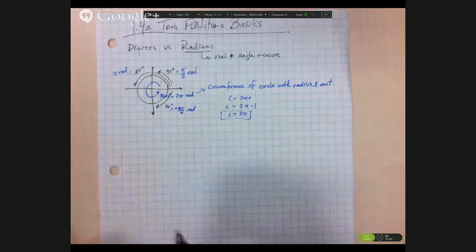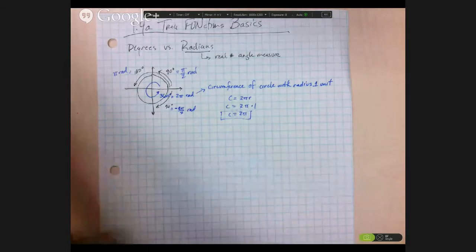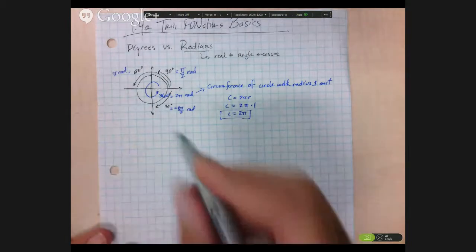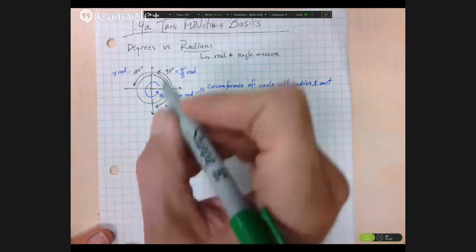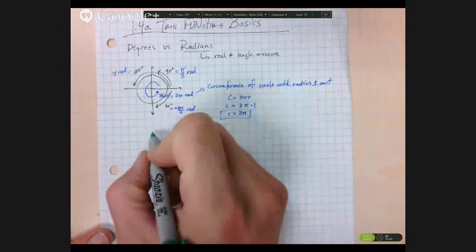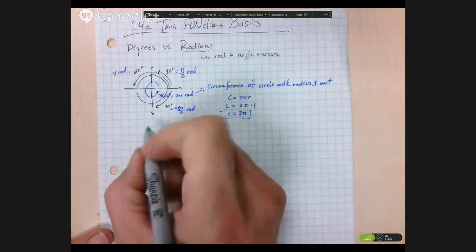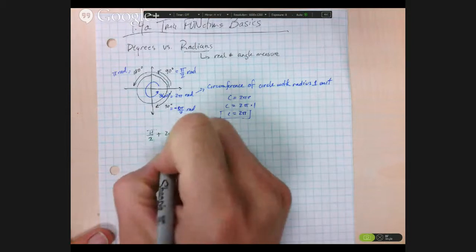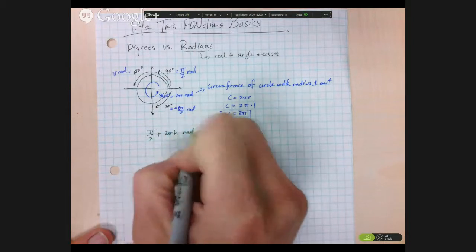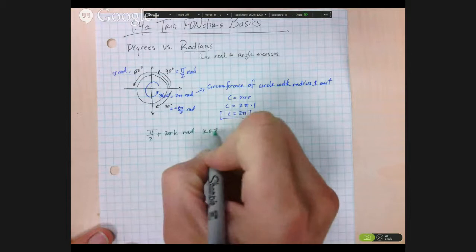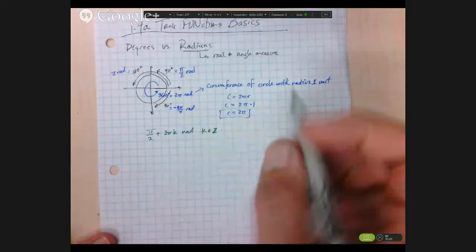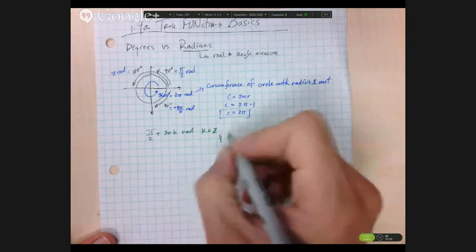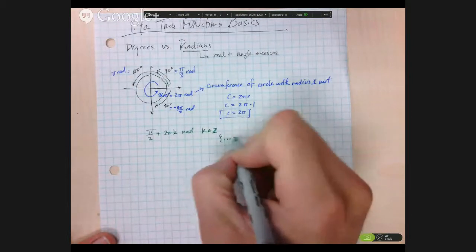If you want to do successive angle measures, you're going to see something like this: pi over 2 plus 2 pi k radians, where k is an integer. Remember that an integer is a set of numbers that do this.